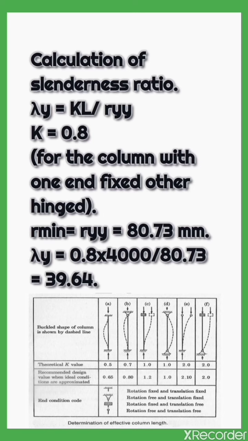Refer IS 800-2007, Table 11. And R minimum equals RYY equals 80.73 millimeters. So, lambda y equals 0.8 into 4000 by 80.73 equals 39.64.